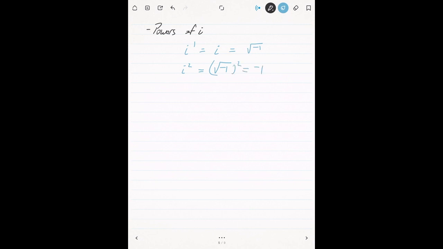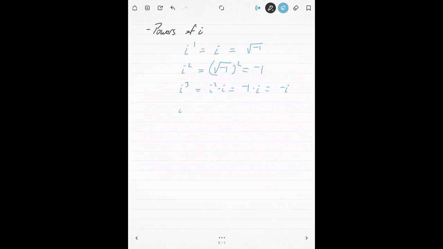That's just -1. What happens if I keep increasing the powers, though? What happens if I get i cubed? Well, that was i squared times i. So what did I have before? I had -1, and now I have to multiply that by i. So i cubed is, in fact, -i.